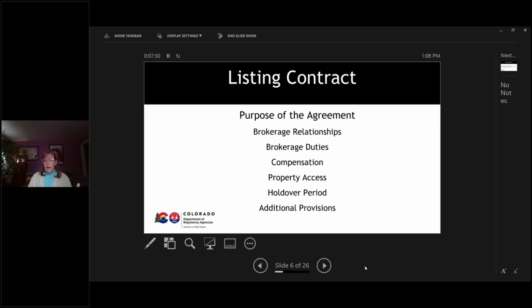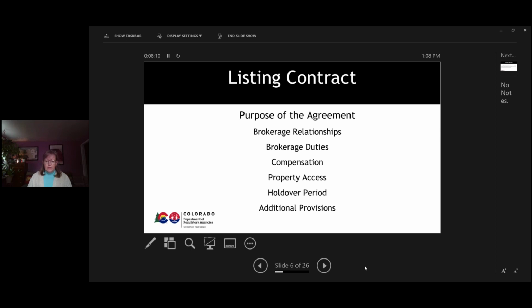So it can be very broad or very specific, and that's something that you need to be aware of. You may want to refine that language so that it's not overly broad in case you're going to engage in multiple types of real estate transactions and maybe you don't want that broker to represent you in all of those.